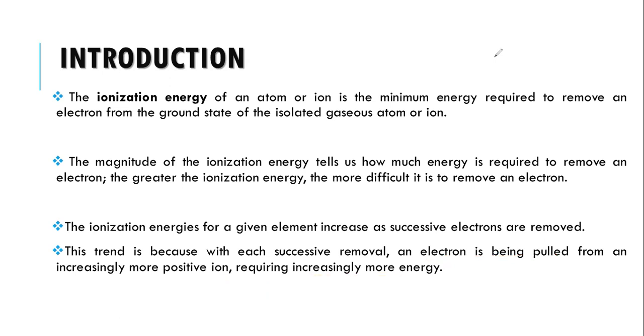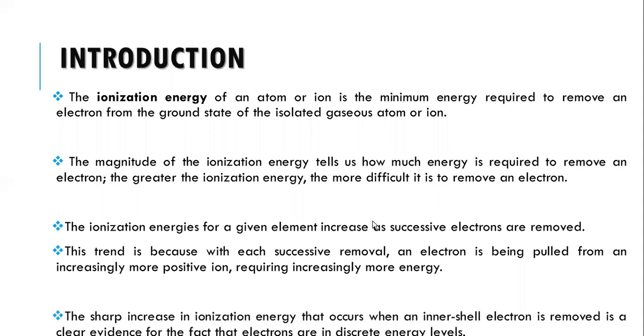According to that, the sharp increase in ionization energy that occurs when an inner shell electron is removed is clear evidence for the fact that electrons are in discrete energy levels. So this is what they are telling: you can see a sharp increase in ionization energy.